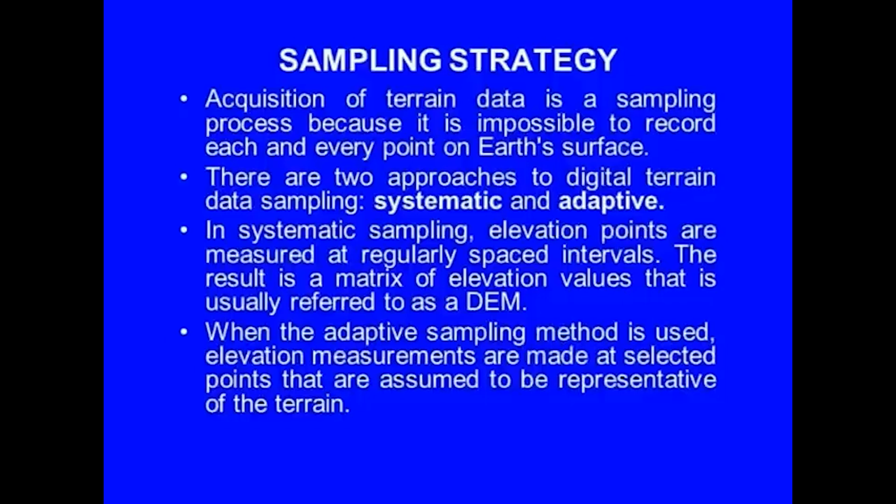In systematic sampling, elevation points are measured at regularly spaced intervals. The result is a matrix of elevation values that is usually referred to as a DEM. When the adaptive sampling method is used, elevation measurements are made at selective points that are assumed to be representative of the terrain.